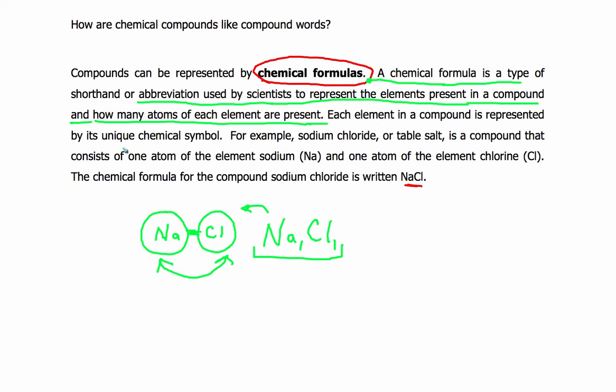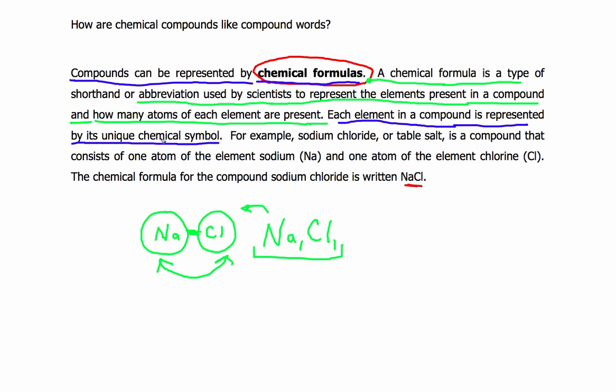All right, you do need to grab your blue marking pencil because there are a couple of main ideas here that I want to make sure we get underlined. Right here, compounds can be represented by what? By chemical formulas. And then down here, each element in a compound is represented by its chemical symbol. You remember the chemical symbol is the name.